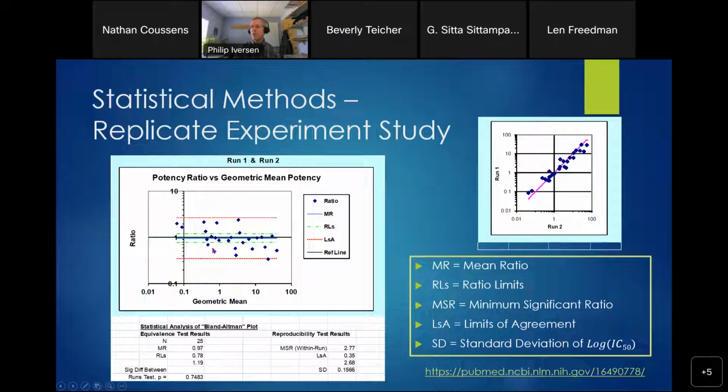And what we're looking for is a uniform scatter around the center line at a ratio of 1. A mean ratio of 1 is the ideal. And the mean ratio in this data set is very close to 1, at a value of 0.97. That's the first thing.